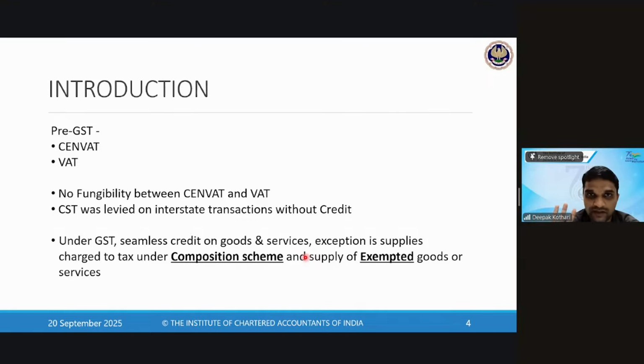You have to charge only 1%, but there you will not get input tax credit. And that 1% also, you cannot collect from your customers. Whatever you sell, you have to pay 1% on it. A simple scheme, you will not get the benefit of input tax credit. That is the composition scheme. Okay. CENVAT and excise are the same? Yes, Khushbu Kumari, both are the same.